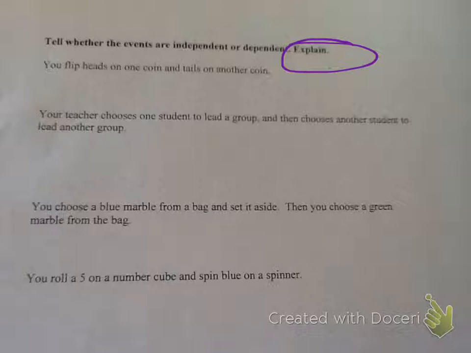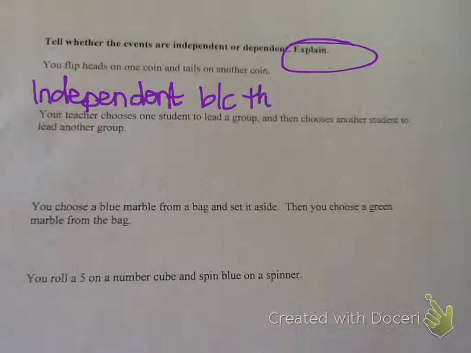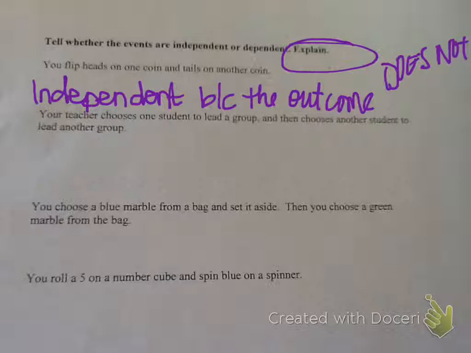So, they're independent, because the outcome of the first event does not affect the outcome of the second coin toss. Nothing about that first coin toss affects the second coin toss.